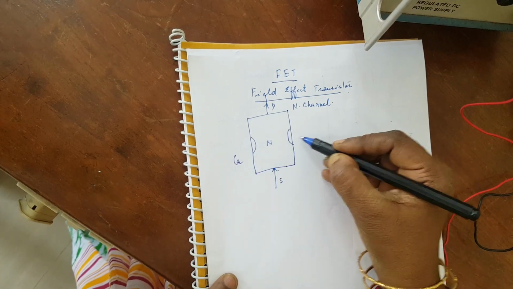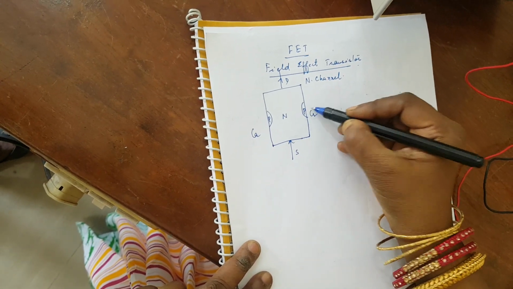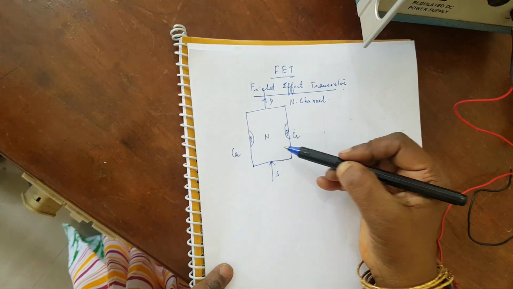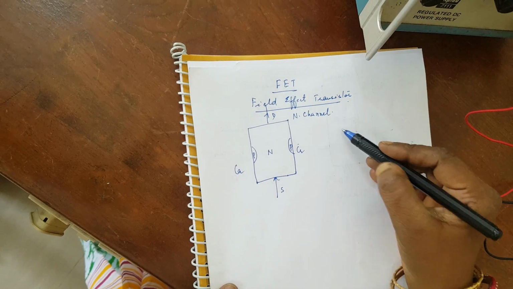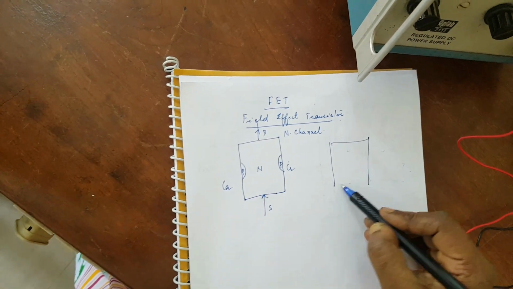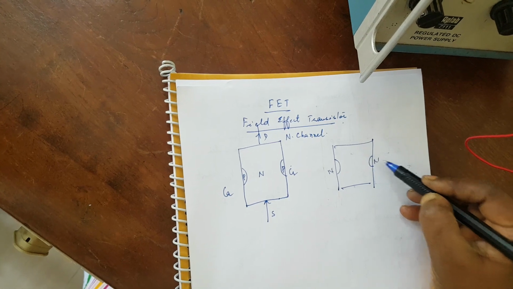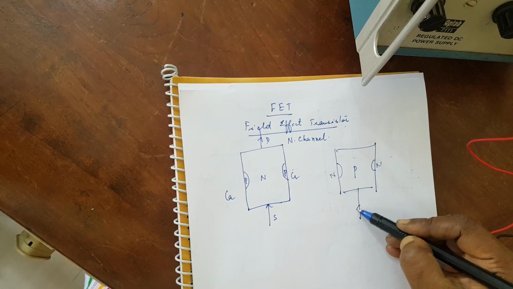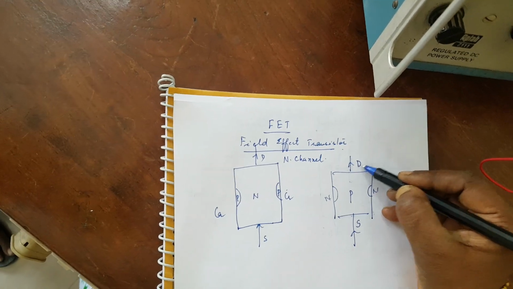These are the 2 gates, and these are made up of p-type material. Now this is called an N-channel FET. Similarly, for a p-channel FET, we will have N-type here, N-type here. This is a p-channel. Current enters through S, current leaves through D.